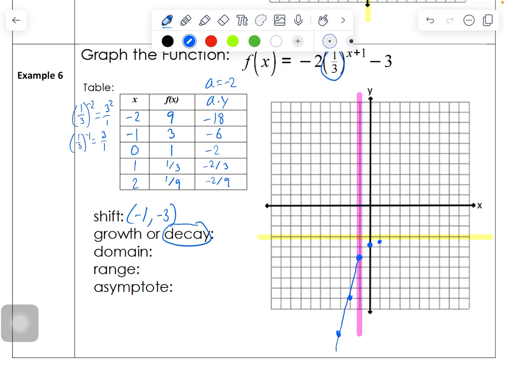So this one's a little bit harder since it's coming from off the graph, but we still never want to cross our asymptote line. And then that's our graph.